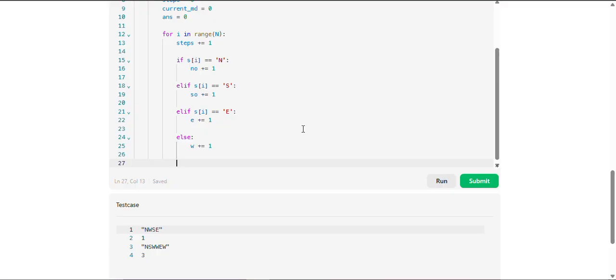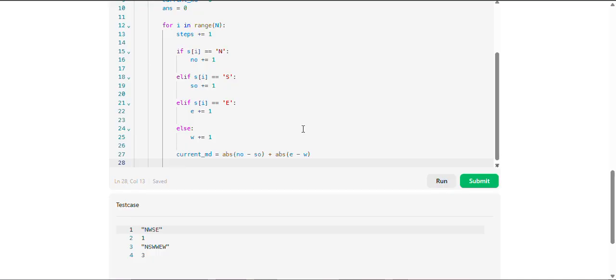Okay. And now I'm supposed to find the Manhattan distance. So my current Manhattan distance would be absolute of north minus south plus absolute of east minus west.